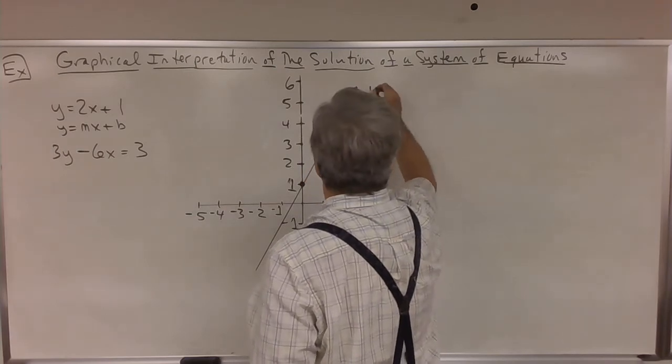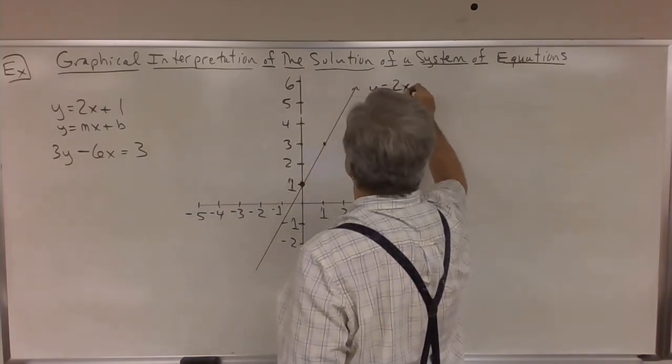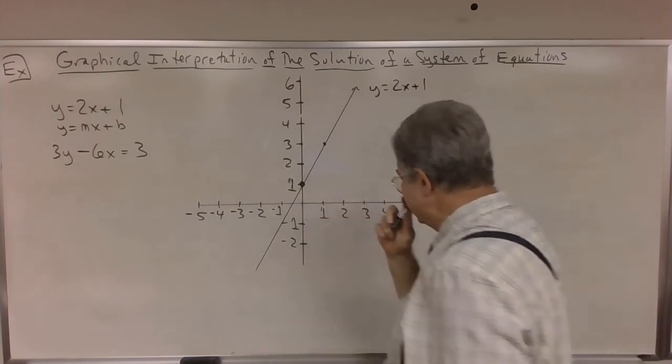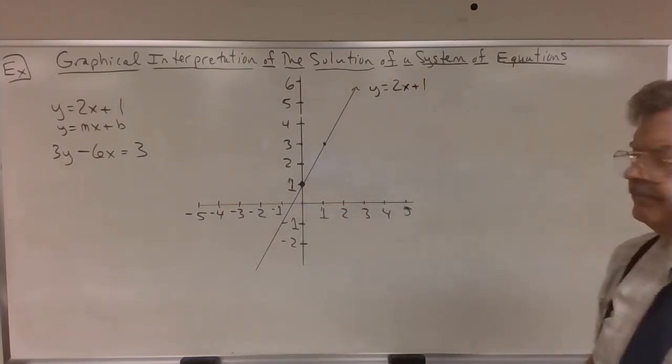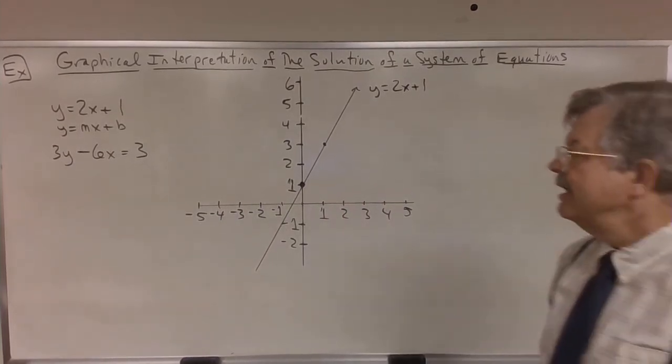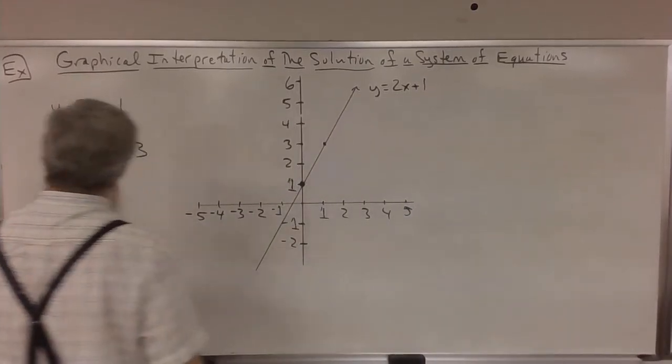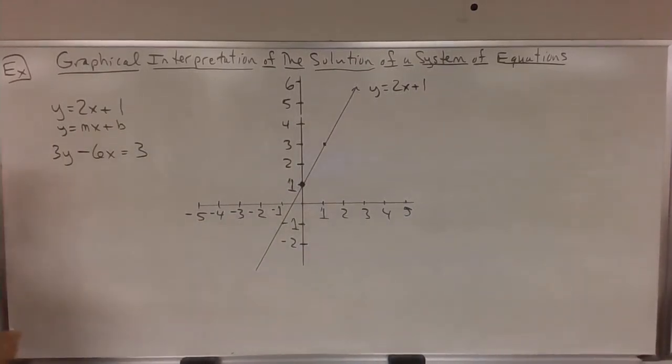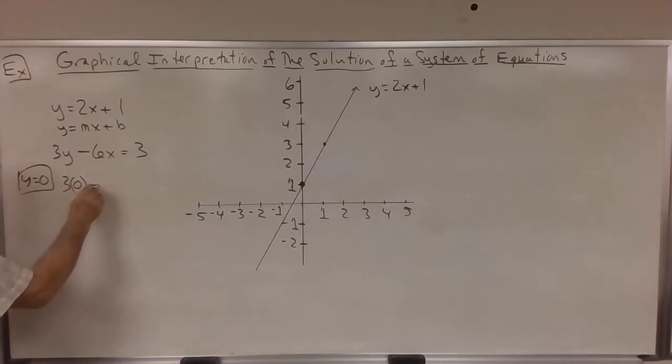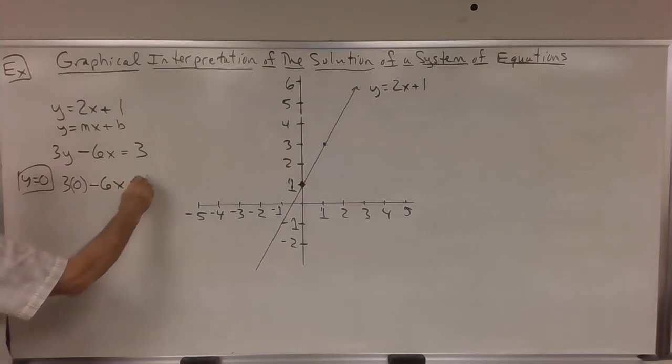And what is this? Y equals 2x plus 1. Now this line's in a different form. So what I'm going to do is find the x and y intercepts. The first thing I'll do is let y equal 0. And that'll give me the x-intercept. So I have 3 times 0 minus 6x equals 3.